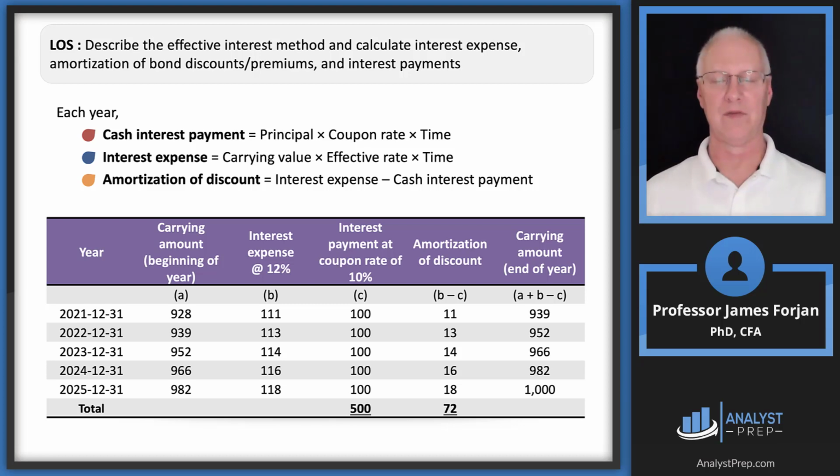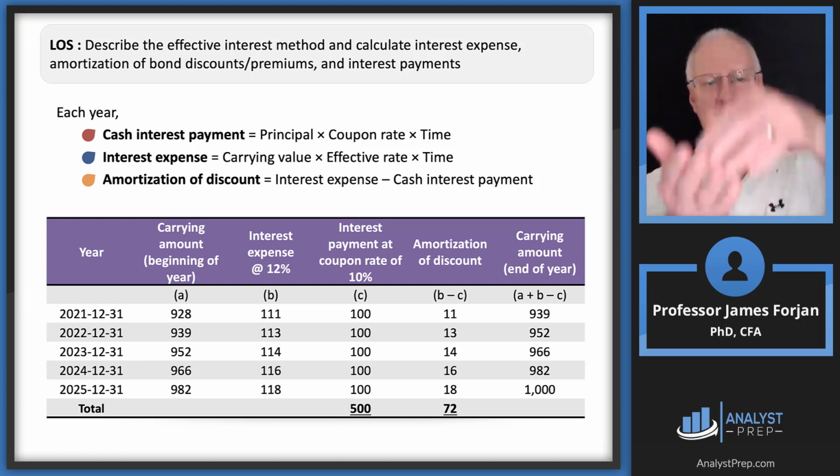And so I'll leave you candidates to work through the math of the rest of each of these carrying amounts and then the discount, because what does that LOS say? Describe and calculate. So you have to calculate that. Boy, wouldn't it be awful if the CFA Institute said, here's a 75-year bond, what is the amortization of the discount in year 64?